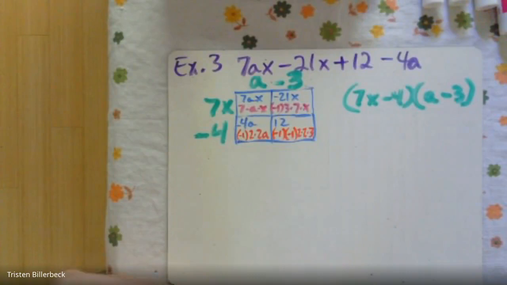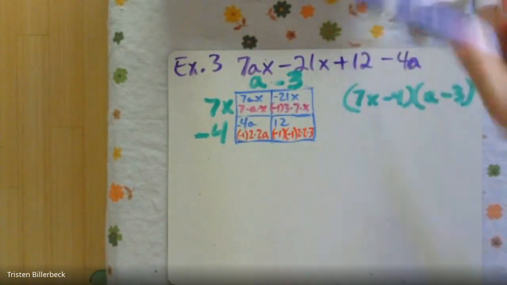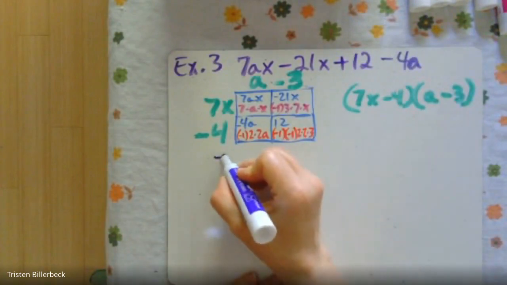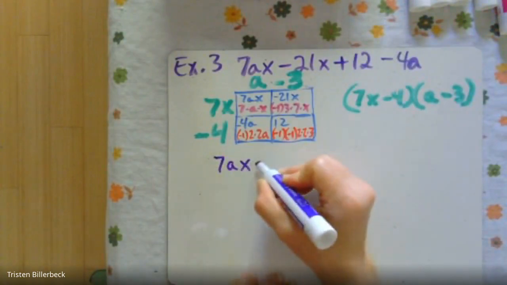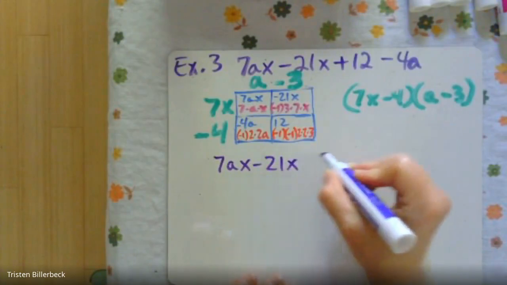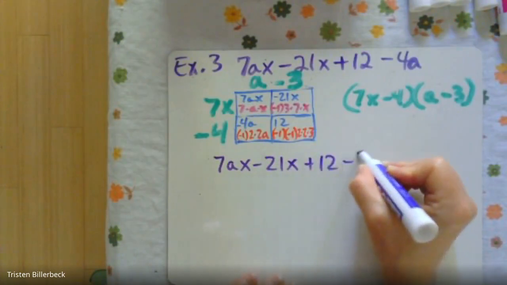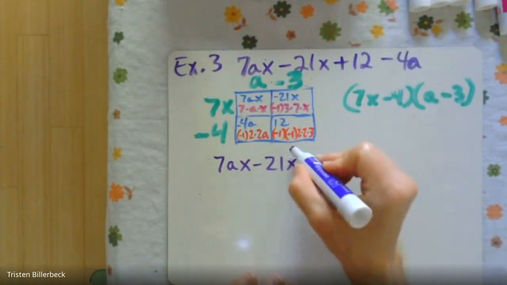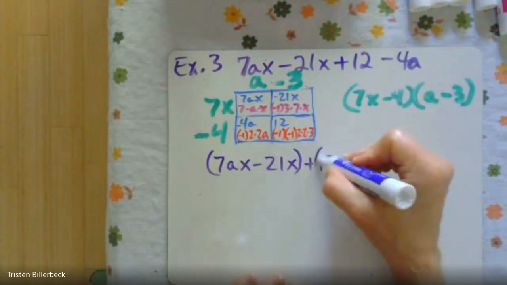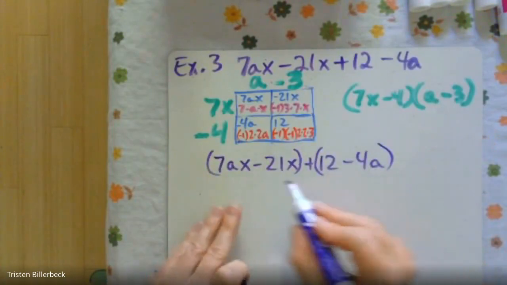Okay, so let's try that with the parentheses now and see what we get. So we have 7ax minus 21x plus 12 minus 4a. And let's put a parentheses here and a parentheses here.